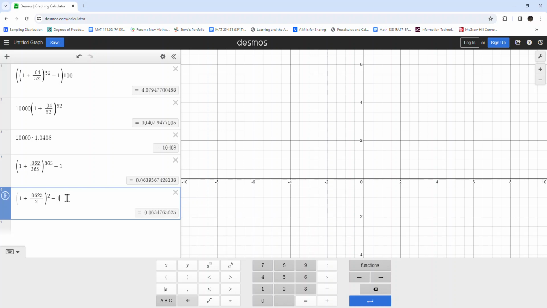Okay, so for the compounded daily, we're getting approximately 6.396%. And for the compounded semi-annually, we're getting approximately 6.348%.